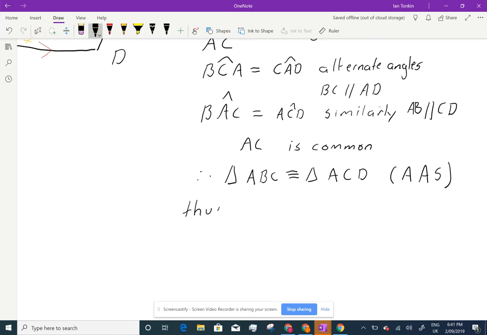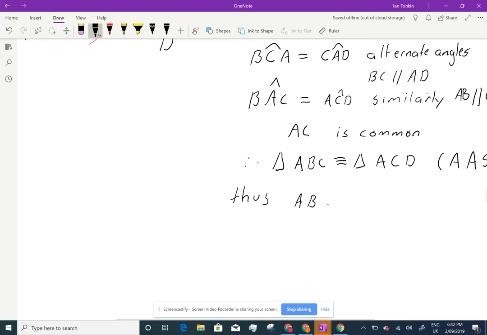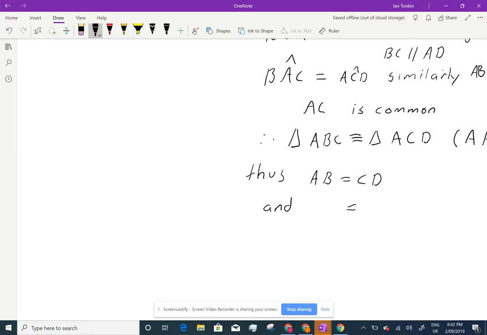Thus, AB equals CD and BC equals AD. Why?